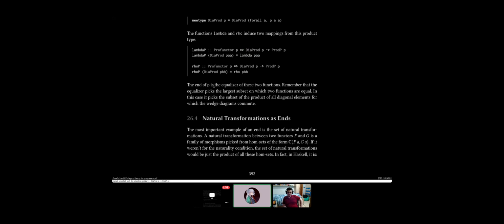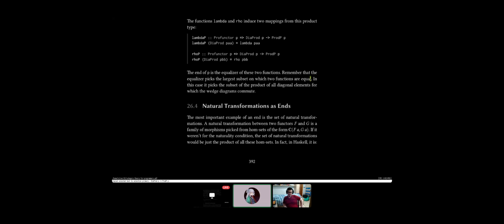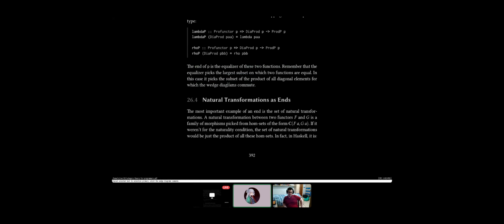And then the end of p is the equalizer of these two functions. Remember that the equalizer picks the largest subset on which the two functions are equal. In this case, it picks the subsets of the products of all diagonal elements for which the diagrams commute. Okay, I need to remember what an equalizer is again.